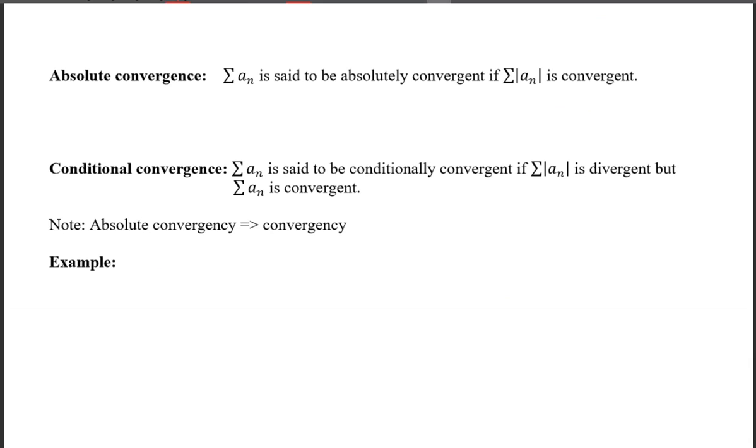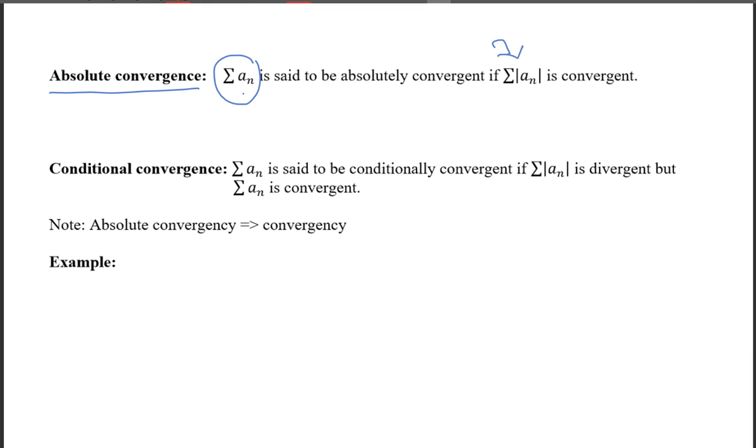Write down one definition: absolute convergence. A series summation a_n is said to be absolutely convergent. Absolutely convergent means you take the absolute value of each term, and then you get a new series. Summation a_n is different from summation mod a_n.